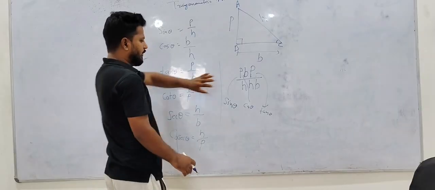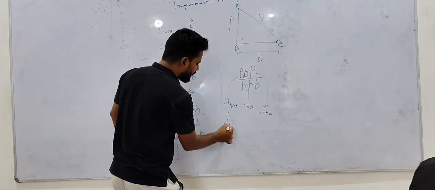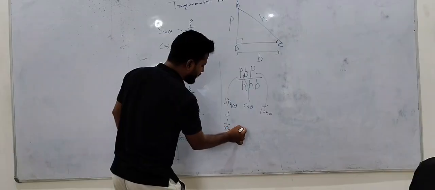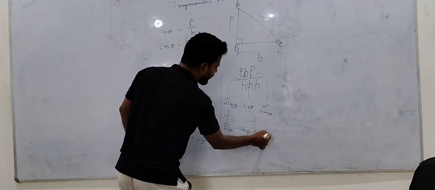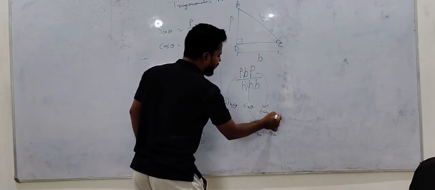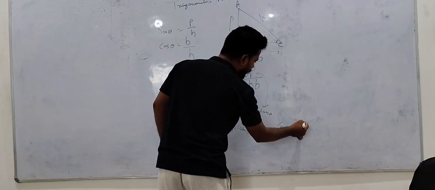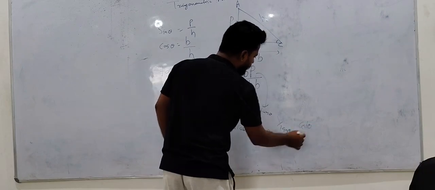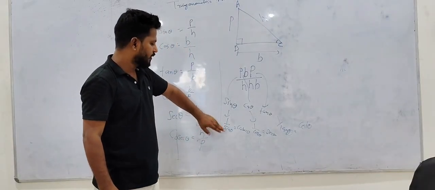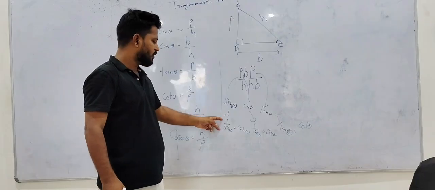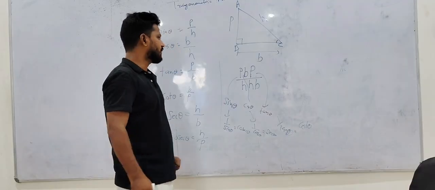And when you inverse it, 1 by sin theta becomes cosec theta, 1 by cos theta becomes sec theta, and 1 by tan theta becomes cot theta. Got it? So you put the ratio here, take the reciprocal, and get the value of cosec theta, sec theta, and cot theta.